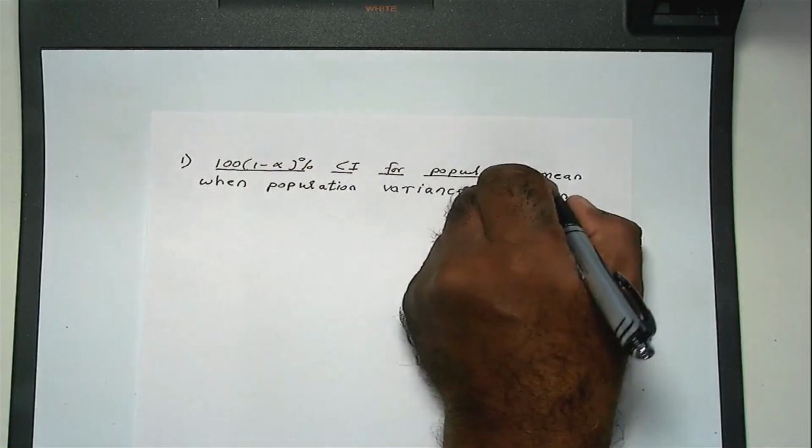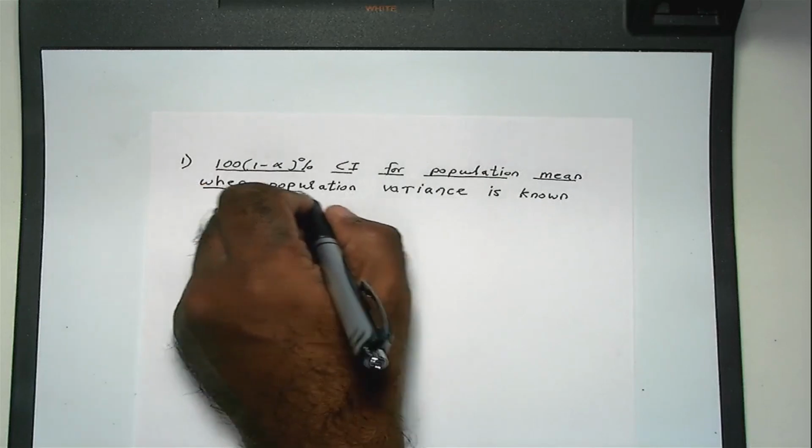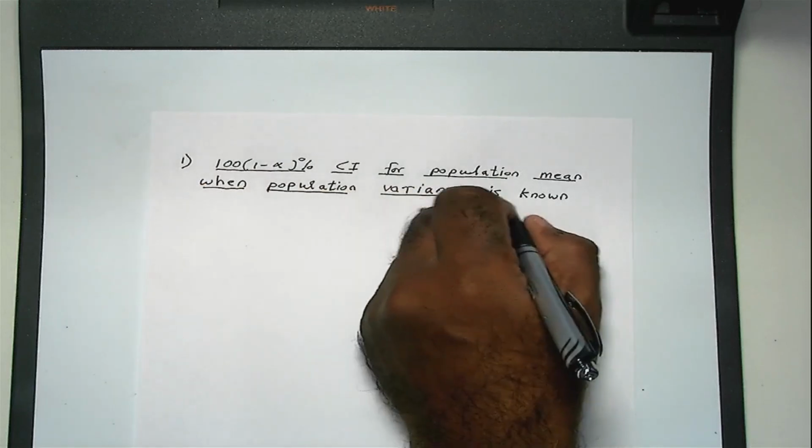So I will show you how to derive this, in other words, the proof of this. Right?